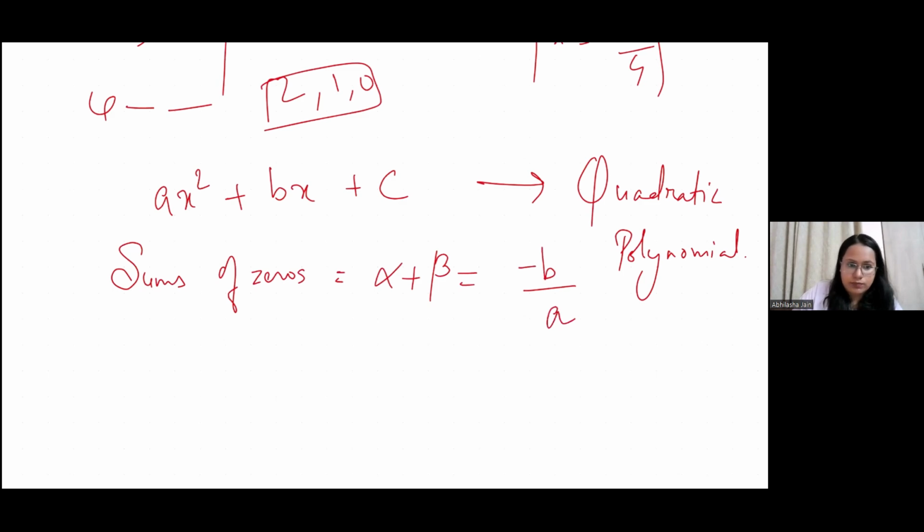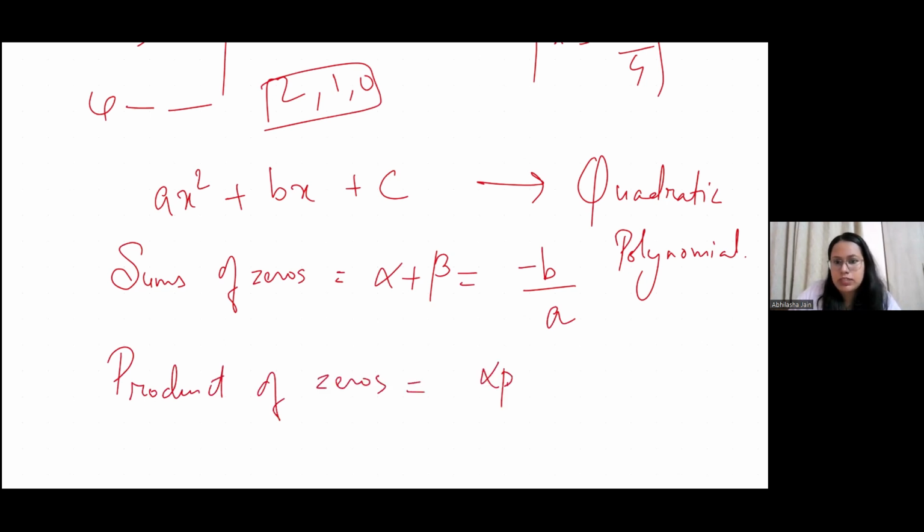And the product of zeros, alpha times beta, is nothing but c over a. c is the constant, a is the coefficient of x square, and b is the coefficient of x.